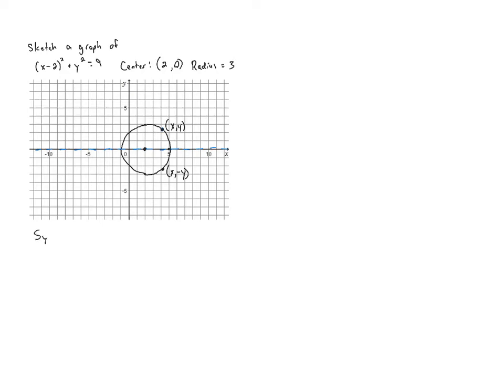So we say this is symmetric about the x-axis, and the graph is unchanged when reflected about the x-axis.